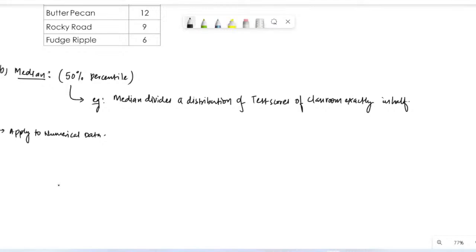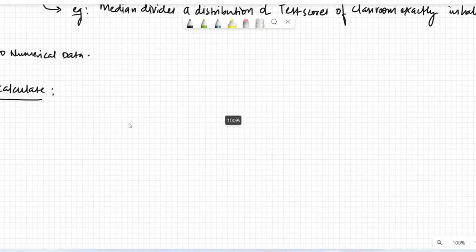How to calculate the median? There are two ways.